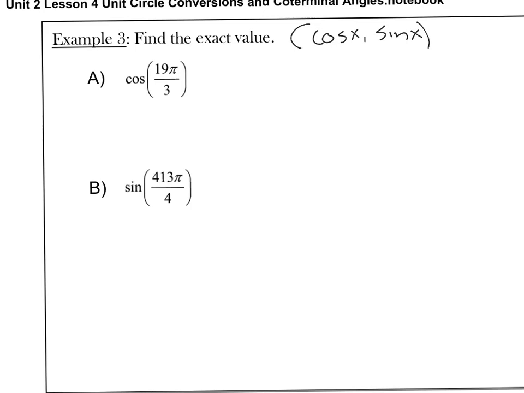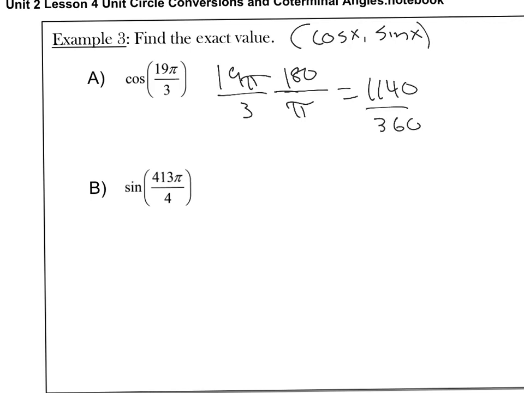So when I look at 19 pi over 3, so if I take that times 180 over pi, that's going to give me 1140. Divide that by 360, I get 3.16 repeating.